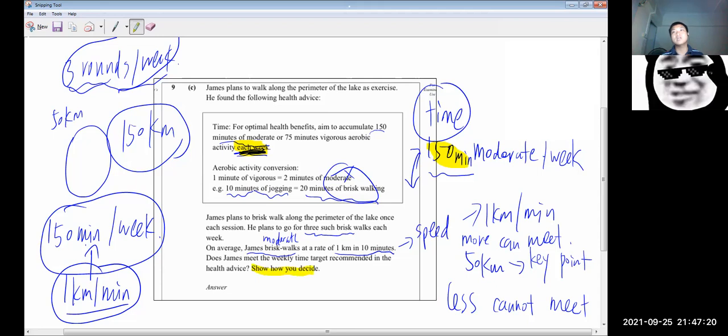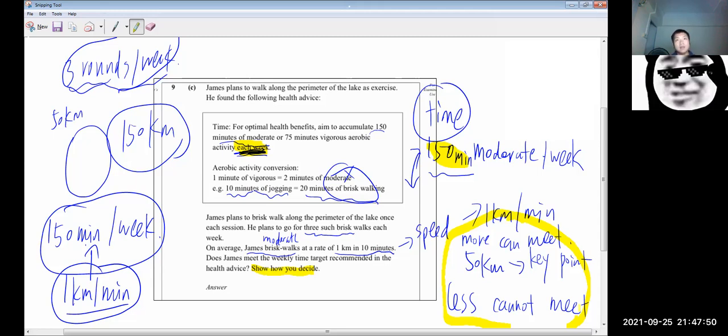So the key is this: 50 kilometers for the perimeter of the lake. If the perimeter of the lake is less than 50 kilometers, then it cannot meet. If the perimeter is 50 kilometers, it can meet. Does it make sense now?